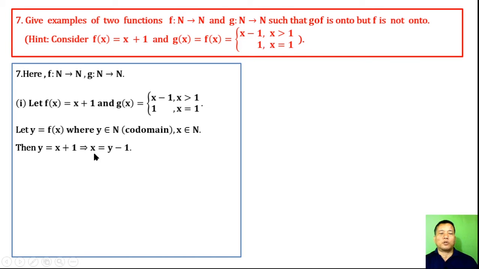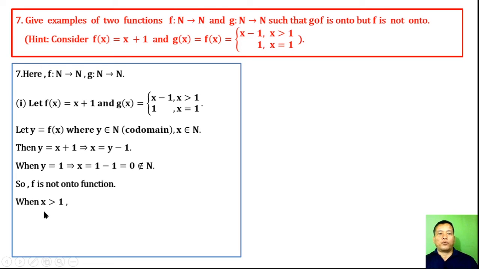Solving for x, x equal to y minus 1. When y equal to 1, x equal to 0, which does not contain in N. 0 is not a natural number. So f is not onto.